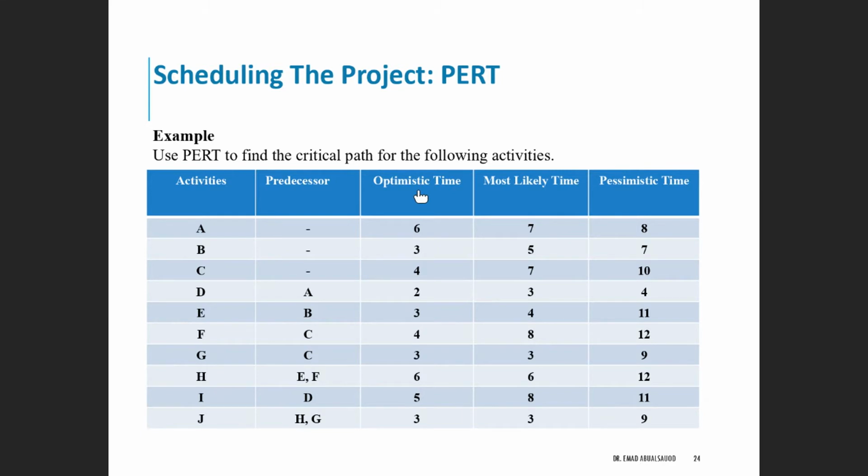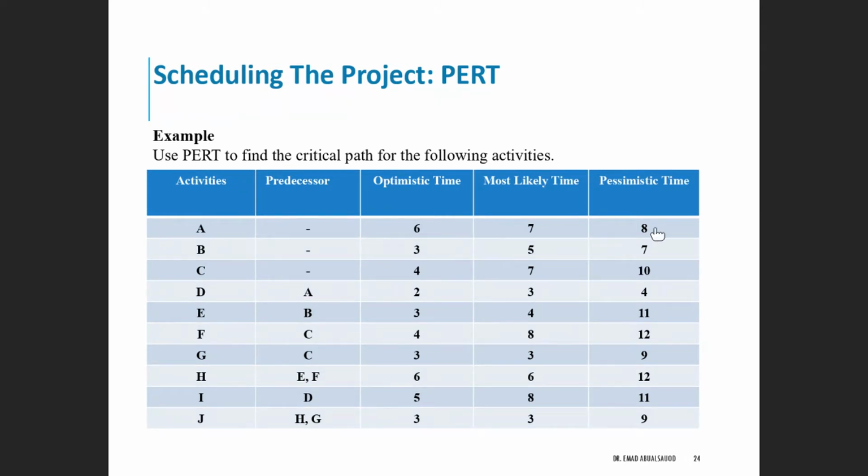Optimistic time, as we said, is the fastest time you will finish activity A, 6 days, let's say. As for the unit of time, you can use days, weeks, depending on your project nature. يعني weeks or days, or a month. So we have here 6 days, let's say. The most likely time, as we said, is usually greater than the optimistic, and it's 7.